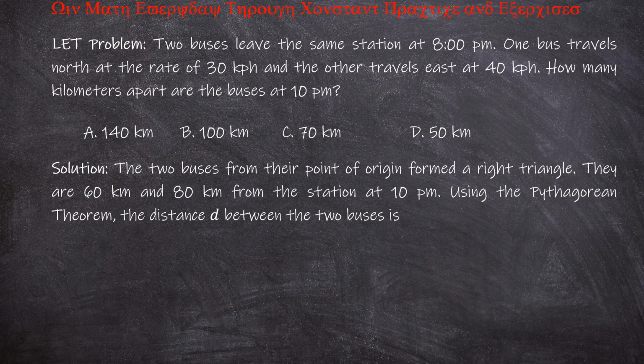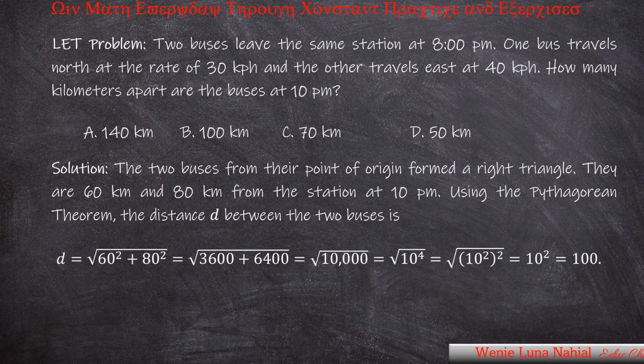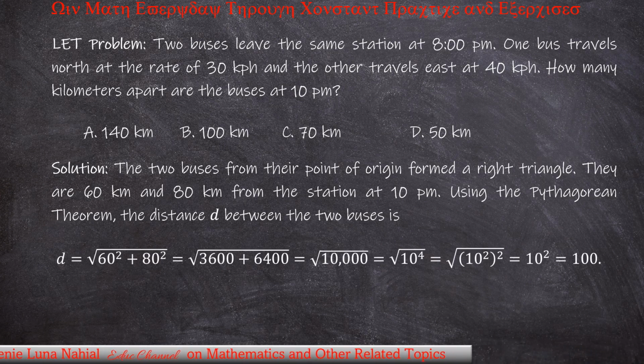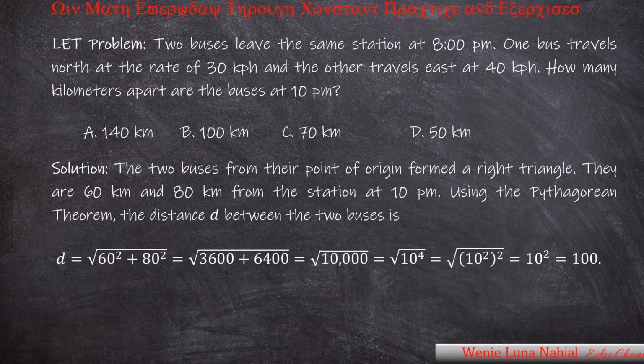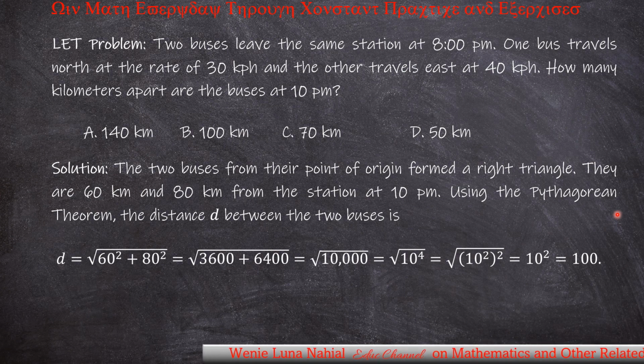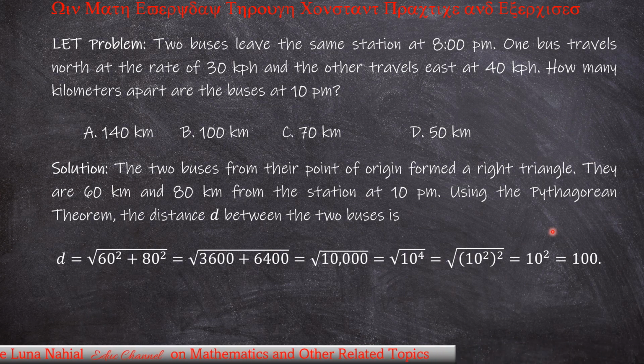Using the Pythagorean theorem, the distance d between the two buses is d equals the square root of 60 squared plus 80 squared, equals the square root of 3,600 for 60 squared plus 6,400 for 80 squared. And the sum is equal to 10,000.